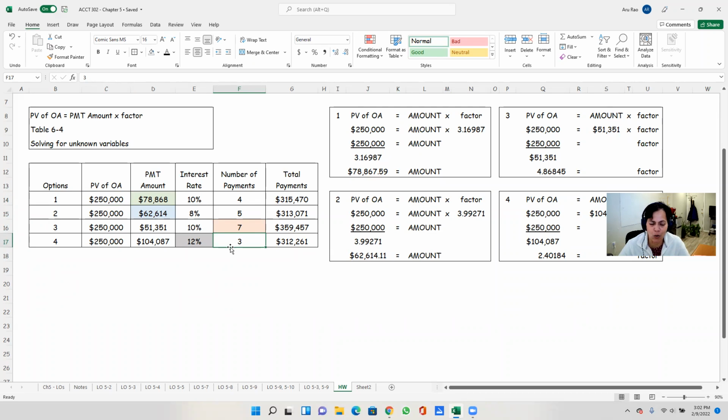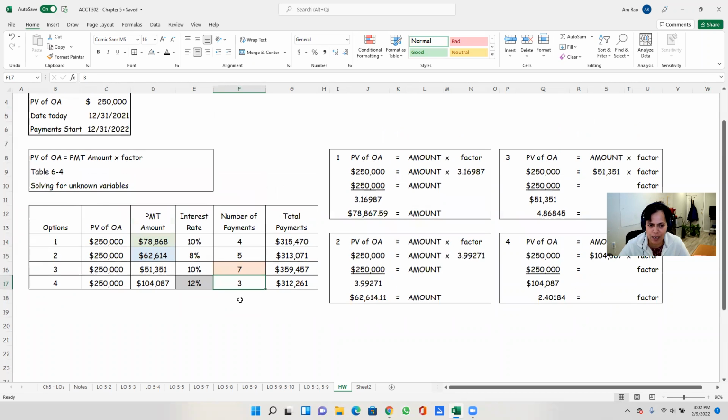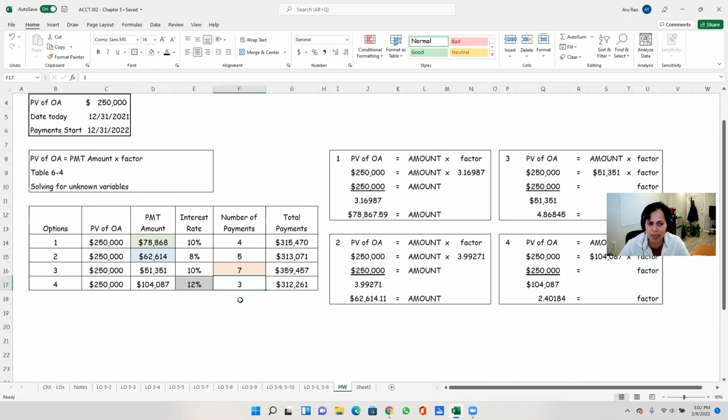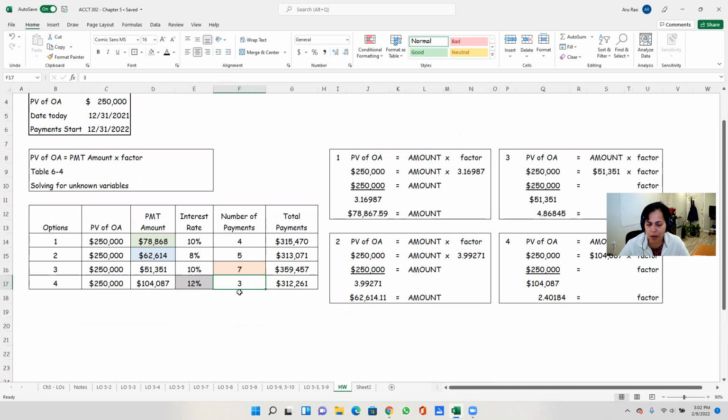Obviously, the bank is going to work with you and try and figure out which is the best solution for you. And as far as we are concerned in this problem, it was fairly simple. Read through the problem carefully and see what information has been presented and what's being asked of you. So I hope this helps you solve the work on the first homework assignment. Make sure to check your work as you're going along.